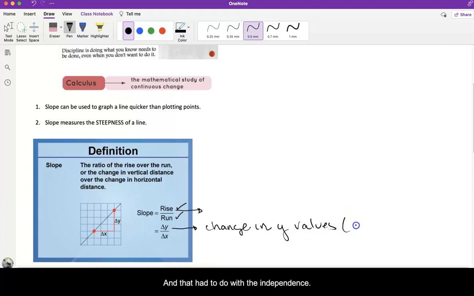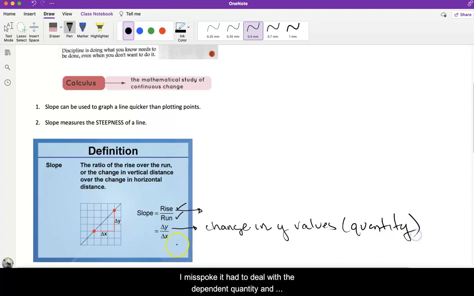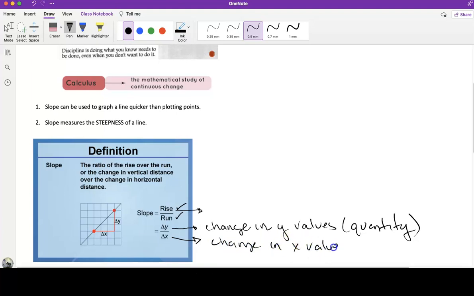That had to deal with the dependent quantity, and the run, delta x, was dealing with the change in the x values that dealt with the independent quantity that we talked about last time.